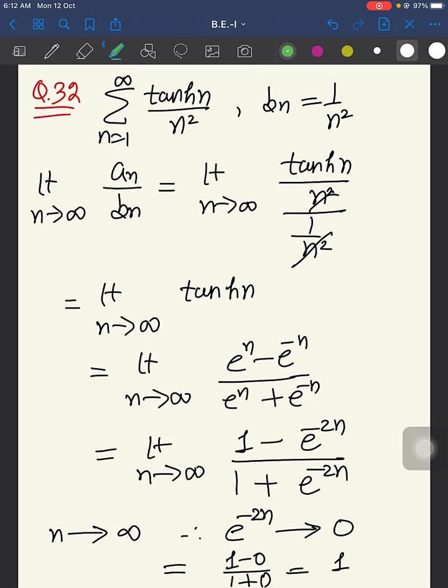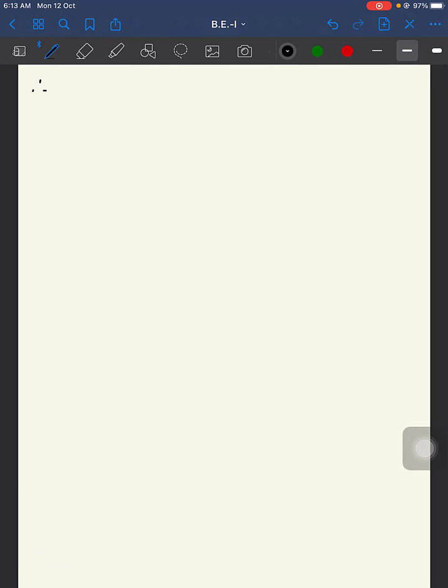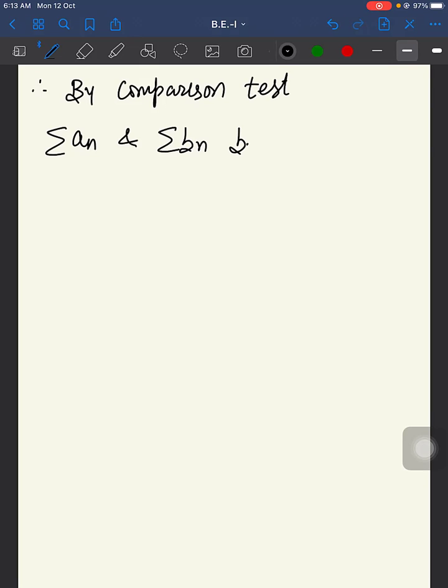So this quantity is coming out to be 1. That means non-zero finite. So by limit comparison test actually, summation an and summation bn behave alike.